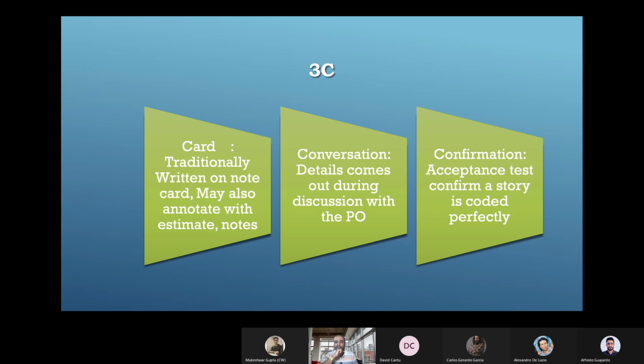So we will have a conversation, and the confirmation is the acceptance test or the acceptance criteria which we were discussing. That will confirm whether a story is coded perfectly or not. If a story has acceptance criteria, here we call it an acceptance test, then that story is very good. So we'll keep in mind this card, conversation and confirmation in terms of user stories.